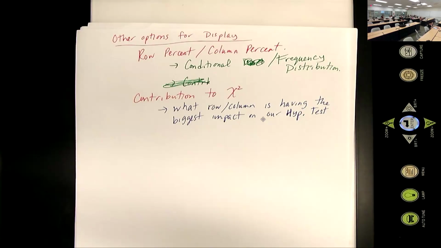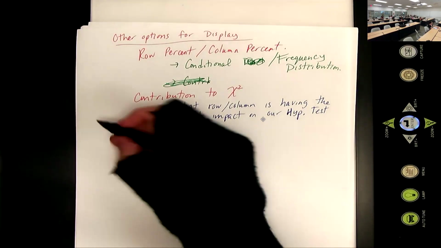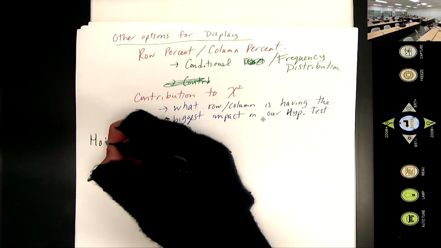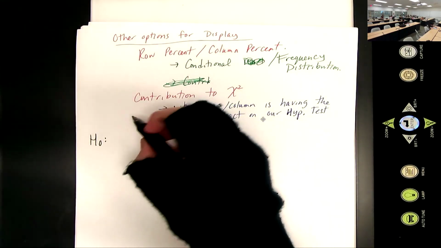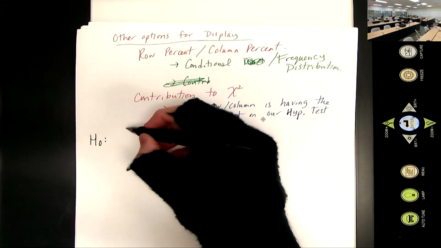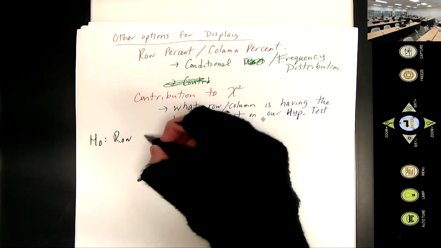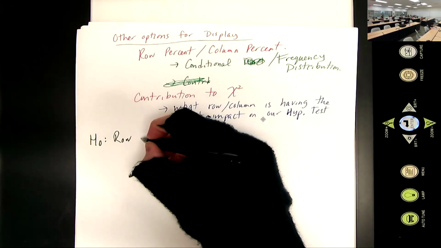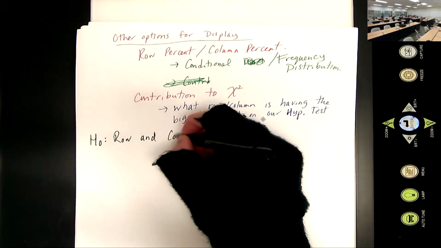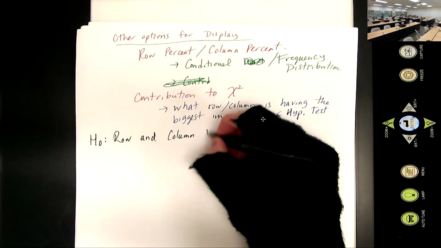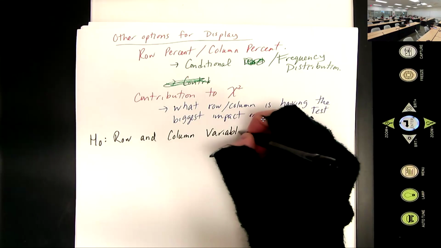Alright, Kelly's done writing. H naught: row and column variables are independent. This is a generic way of saying it.